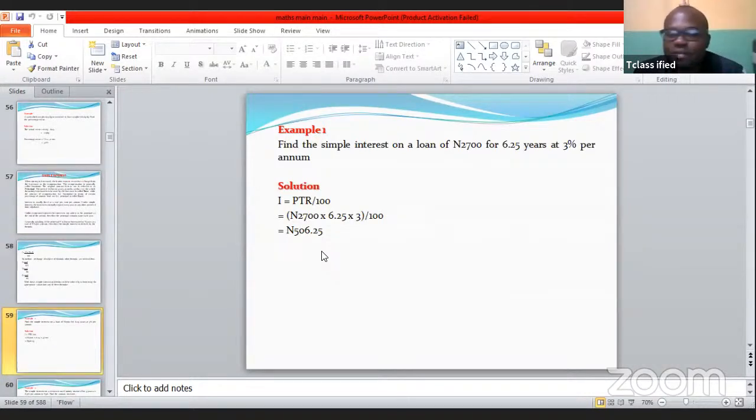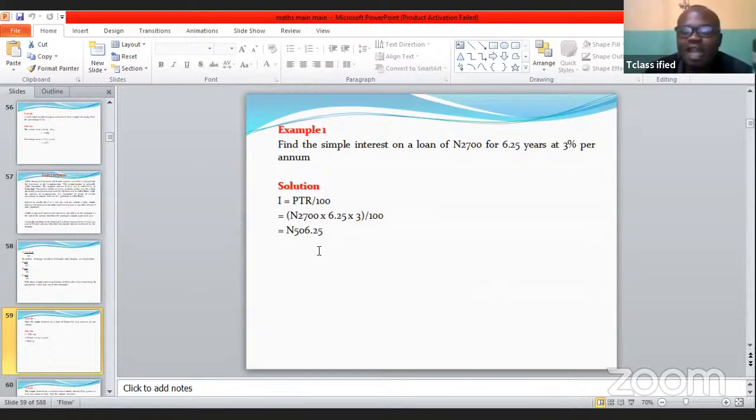So solution, we say I is always equal to PTR all over 100. So you can see all of them: P is 2,700, T is 6.25, and R is 3%.